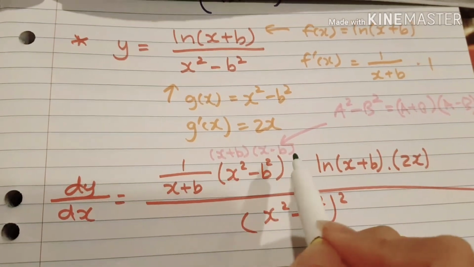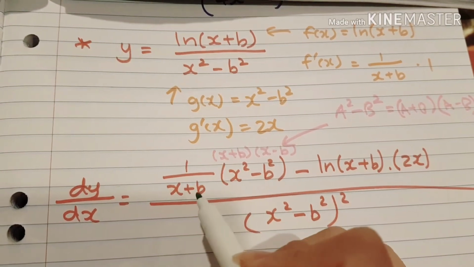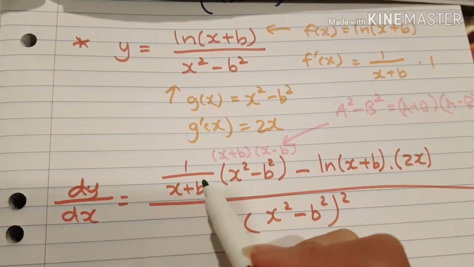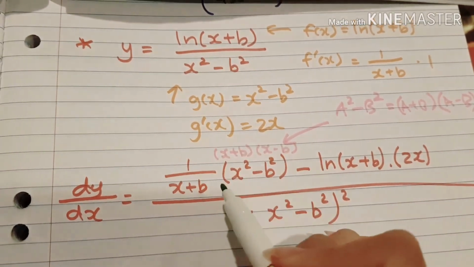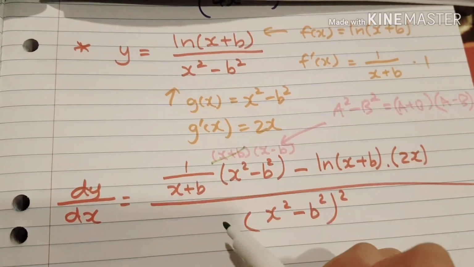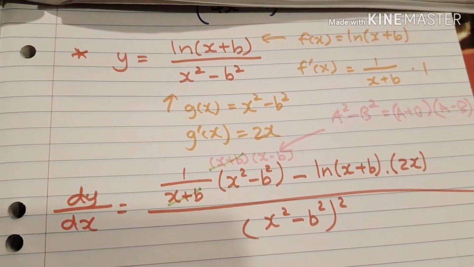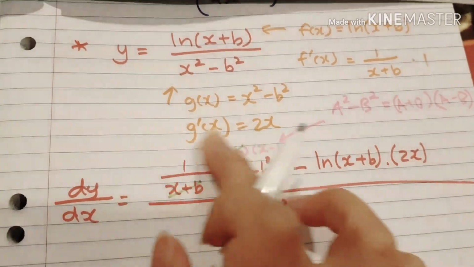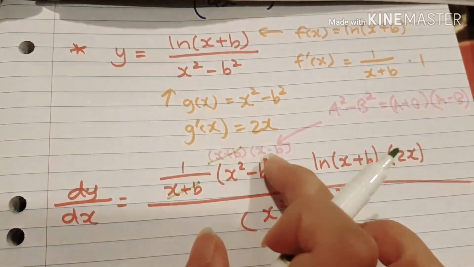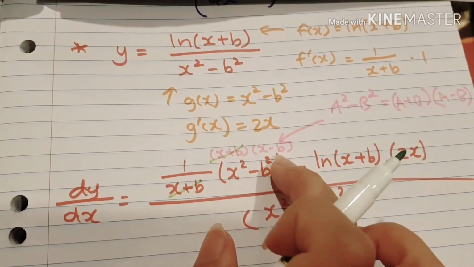Okay, then, that's this over that, because it's linked with multiplication. I can simplify this part. X plus b, x plus b can be cancelled out, top and the bottom, and all I'm left with here will be x minus b, right?